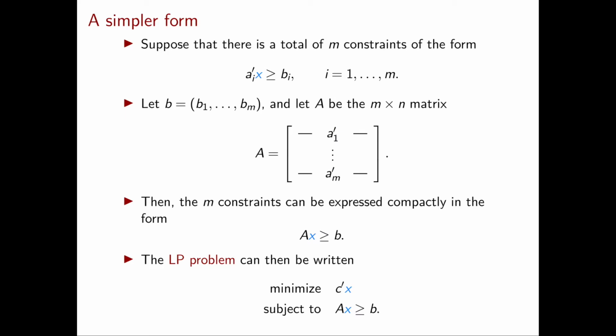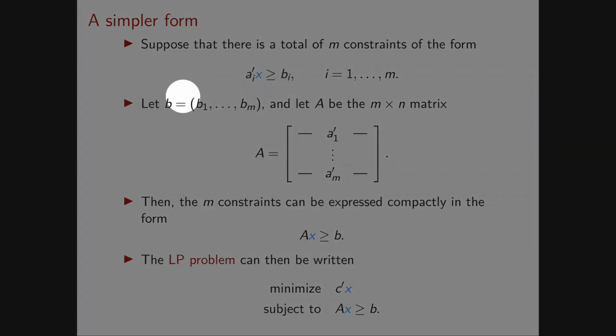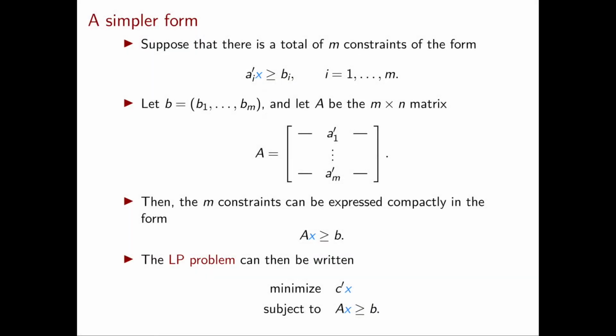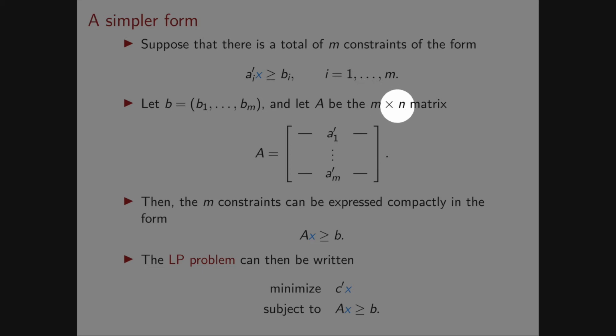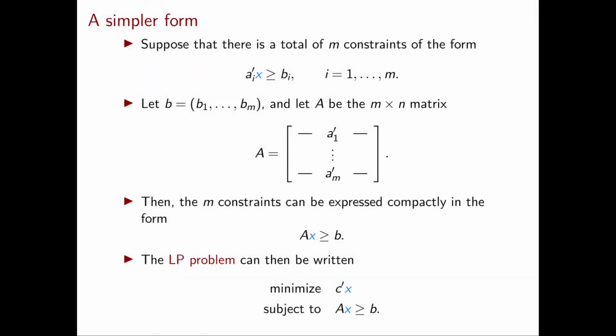In order to do this, we introduce a vector b containing all the right-hand sides, so b1 until bm, so this is an m vector. And then we define a matrix A, which is m by n, which will have the first row a1 transpose, second row a2 transpose, and so on and so forth, until the last row, which is am transpose.